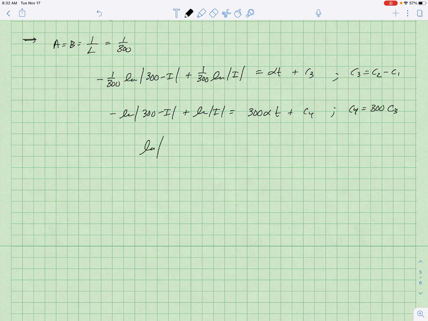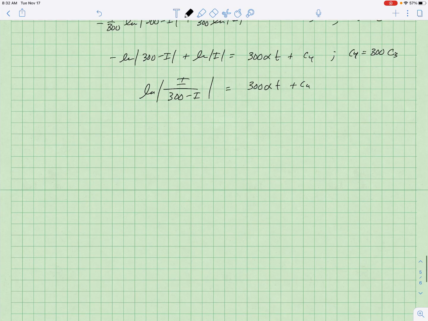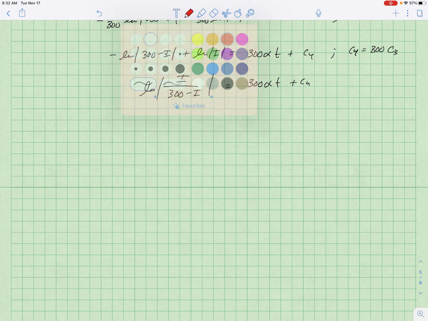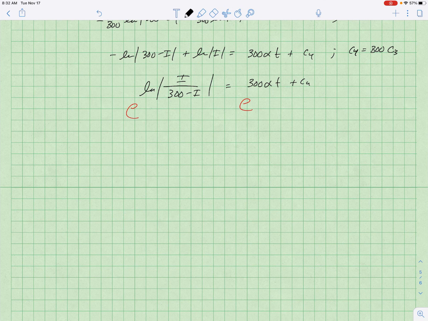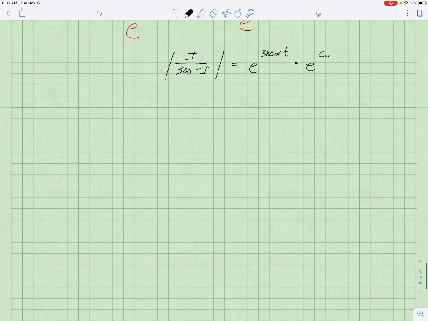This is the natural log of the absolute value of I over 300 minus I is equal to 300 alpha t plus C4. I'll exponentiate both sides like a champ and clean this up as the absolute value of I over 300 minus I is equal to e to the 300 alpha t times e to the C4.